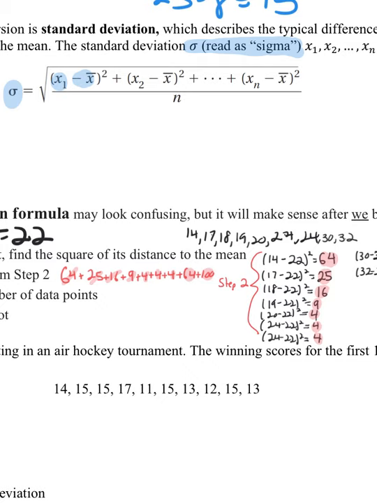Just making sure I got all 9 of them. All right. And then it's just as simple as adding them all together. And I got 290 here by adding all 9 values together.